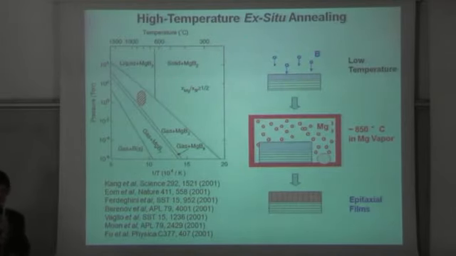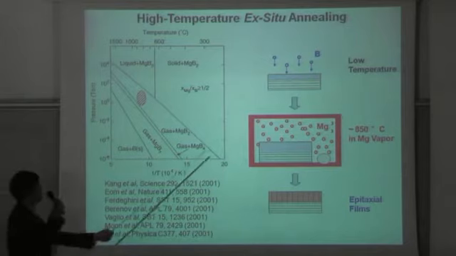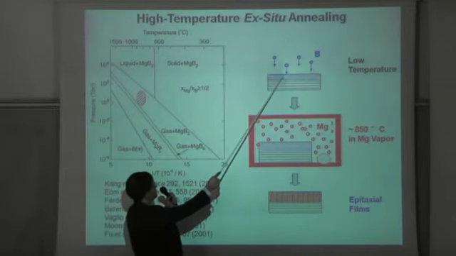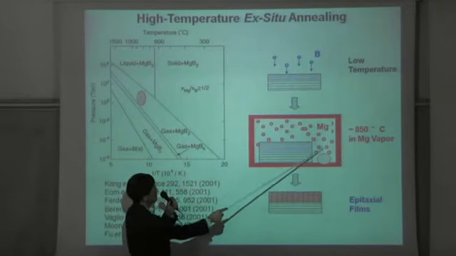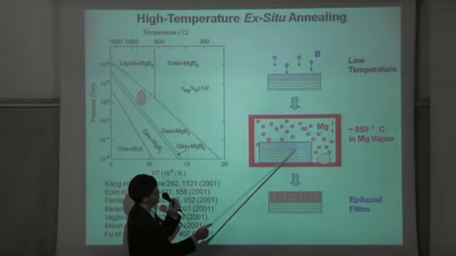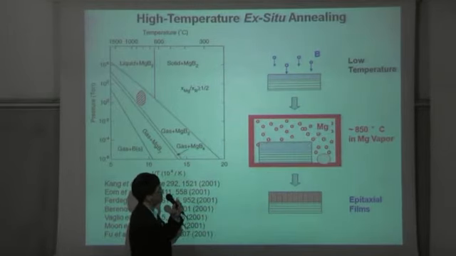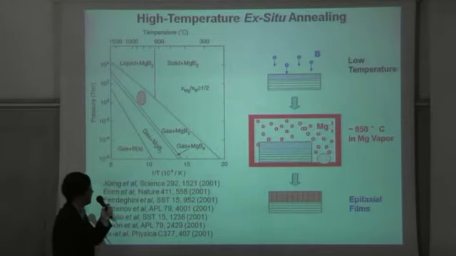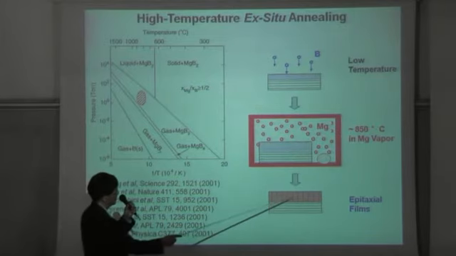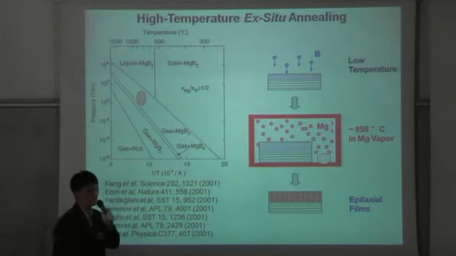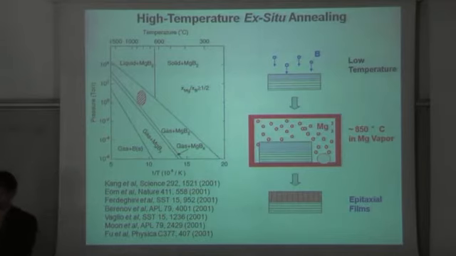There are other ways that you can do it. I'm not going to talk about every one of them, but I want to mention this ex situ annealing process. That is, you can first deposit boron films on the substrate, and then anneal this boron film in magnesium vapor at high temperature. And using this way, you can get epitaxial film with very good properties.